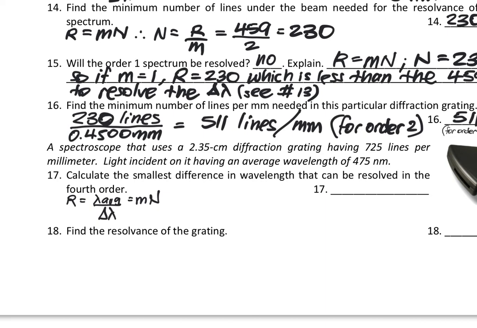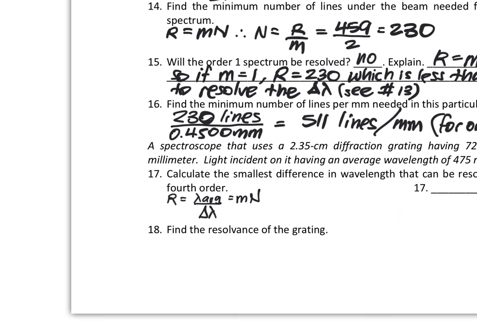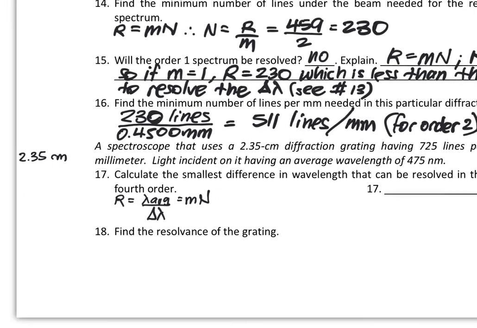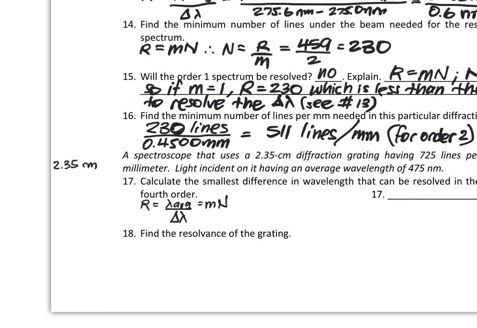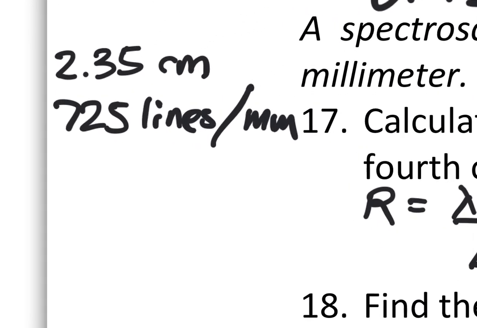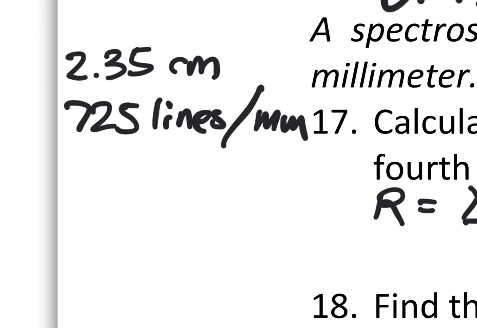Let me do it off to the side over here. The grating size is 2.35 centimeters, and then there's 725 lines per millimeter. Let me zoom in to give myself enough room to figure this out.